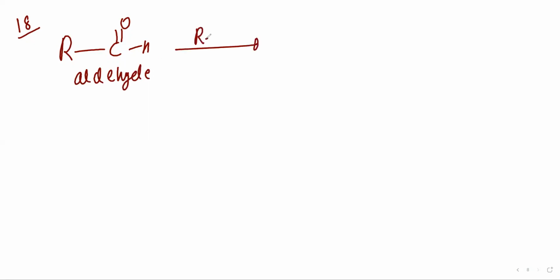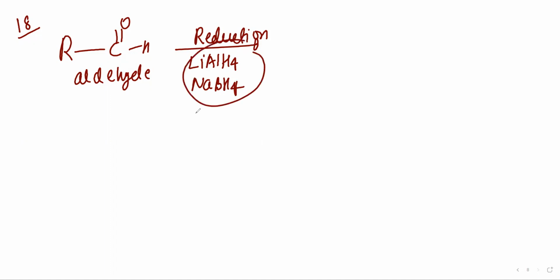Take aldehyde, this is RC double bond OH. This is the general formula for aldehyde. When we do reduction, meaning when we use a reducing agent like LiAlH4 or NaBH4, hydrogen is produced, right?